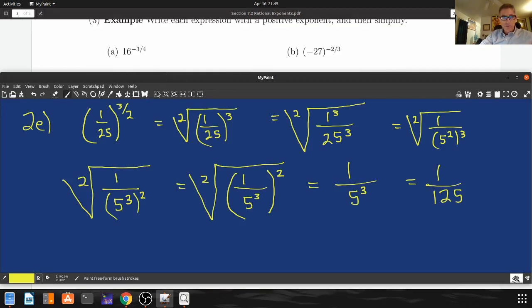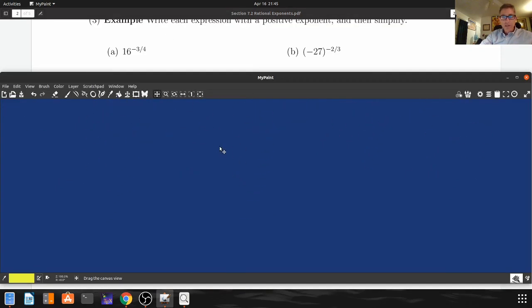So now we're just going to do some negative exponents. You can kind of see the drill. So you might want to try to do number 3a by yourself. We're going to simplify 16 to the minus 3/4. So I want to make this a positive exponent.